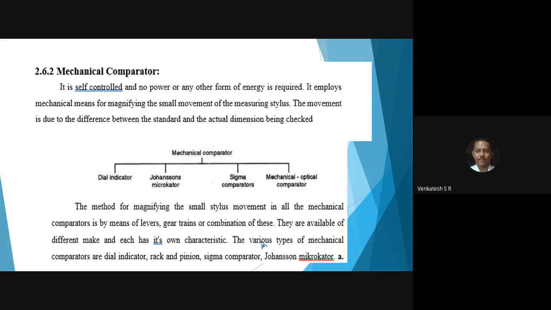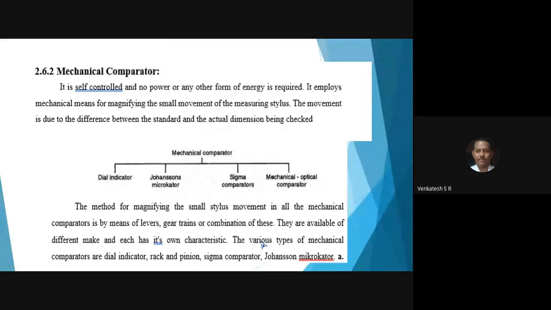You might have seen the surface plate in the machine shop or in the workshop. The surface plate is very much essential for marking of the component. The machining of the surface plate, the measurement of surface roughness is very important. For that, Johansson microcator is used for measurement of surface roughness.